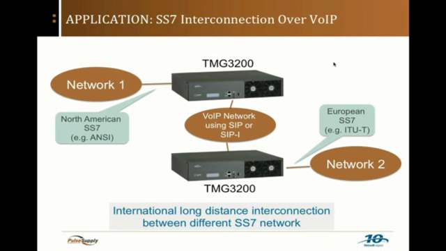So we can use a device such as the TMG3200 that's enabled with voice over IP to provide this interconnection and actually convert from one SS7 protocol to another SS7 protocol, but at a distance over a voice over IP network.